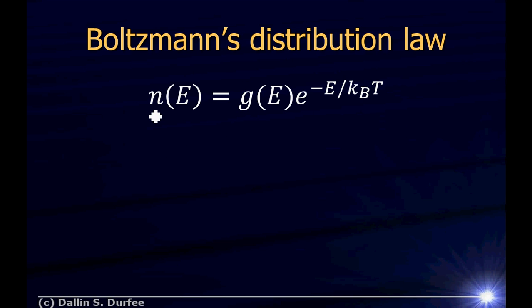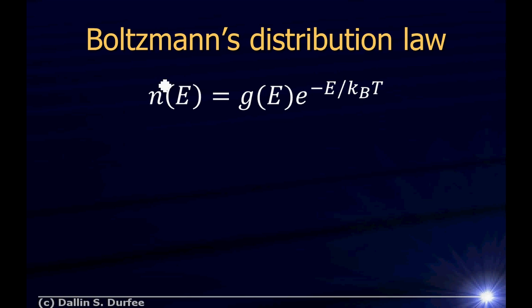All right? And it basically says this. All right? And here, if we take a quantum mechanical approach such that energy levels are quantized and atoms can only have certain energies, if I take some energy level at some energy E, the number of atoms, or the number of molecules, that will be in that energy state is equal to this. G is the density of states. All right?